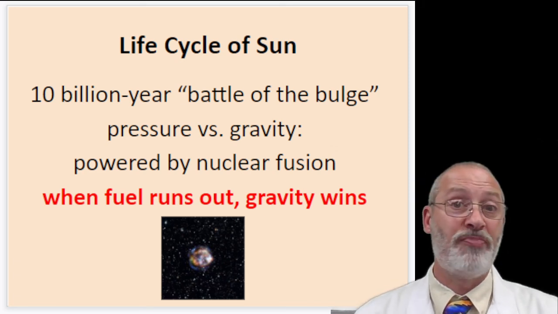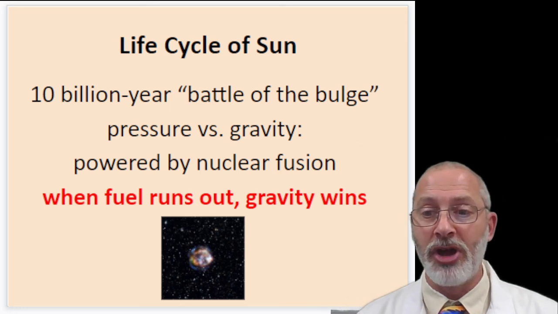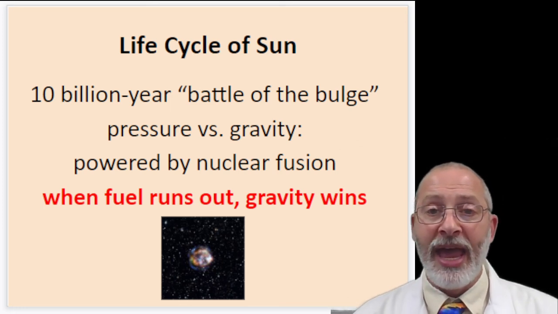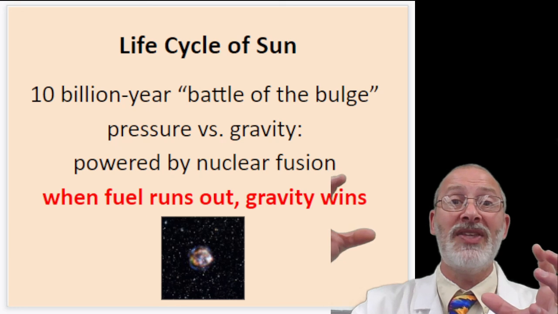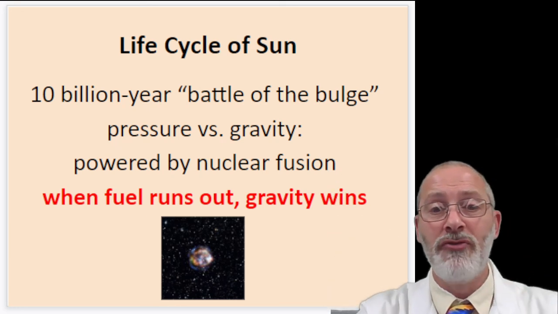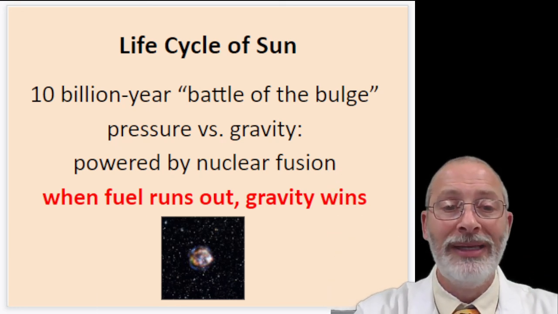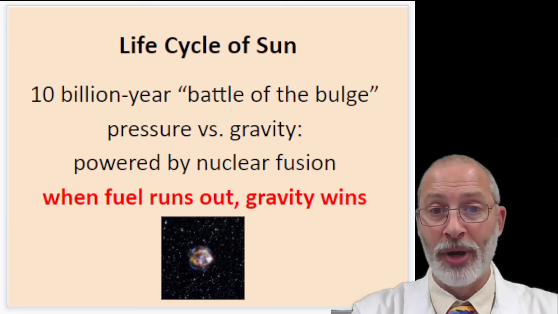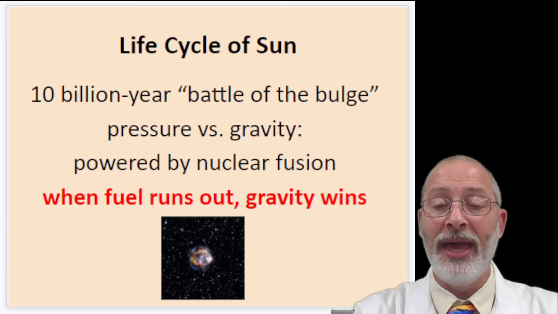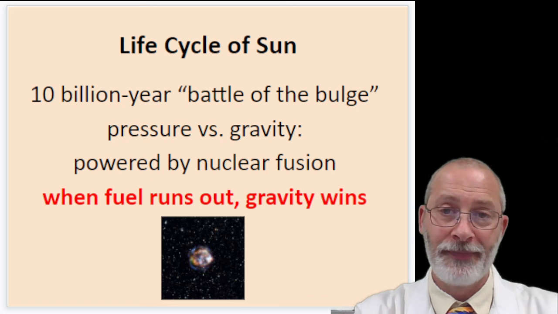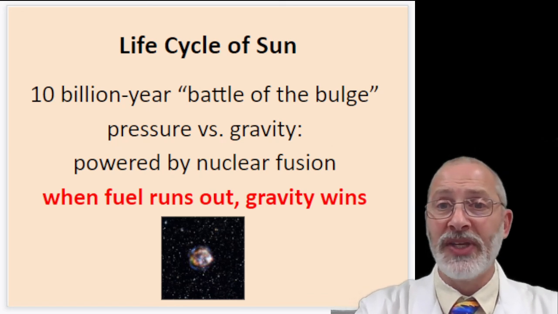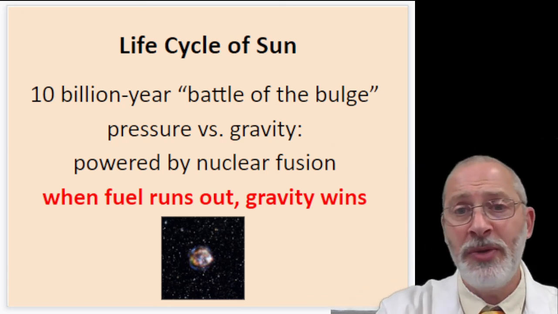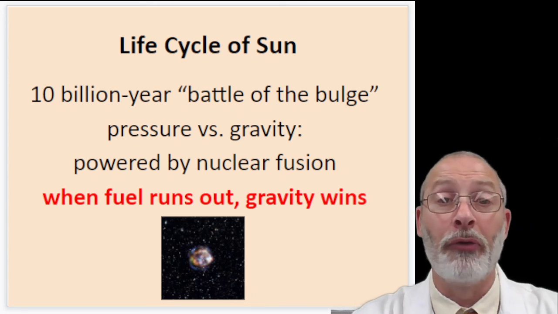It's going to be like a sputtering engine as it starts running out of gas. And then once it does that, gravity takes over and it will implode and perhaps turn into a white dwarf. And so that is the life cycle of our sun. When the fuel runs out, gravity wins.